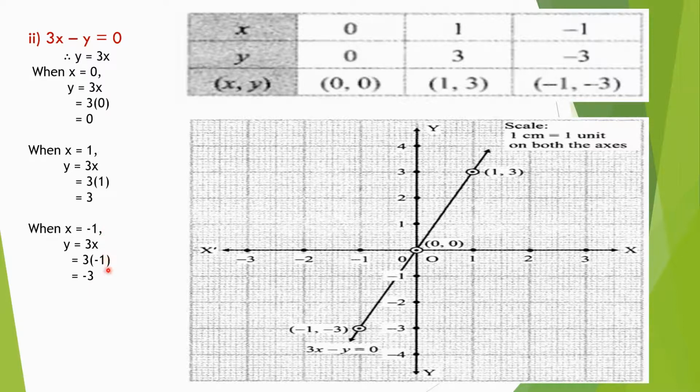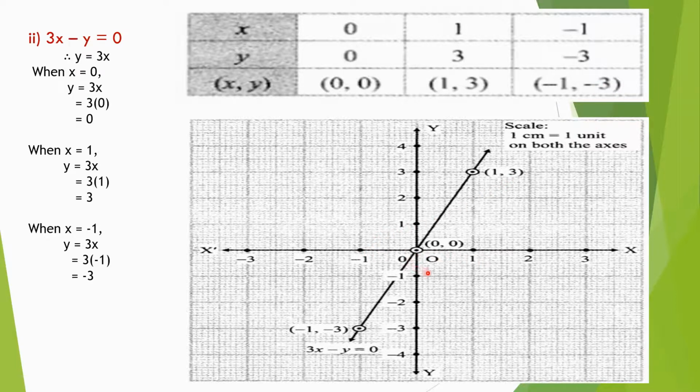After that, you have to prepare the table this way. Your last row is (x, y), the ordered pair. The first ordered pair is (0, 0), the second is (1, 3), and the third ordered pair is (-1, -3). After that, draw the x-axis and y-axis on graph paper.